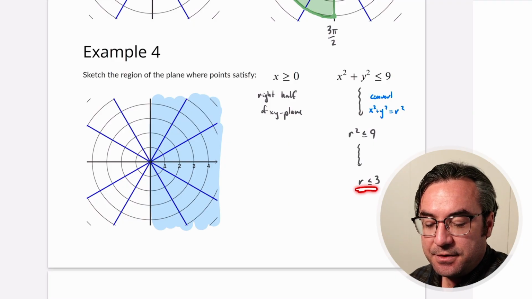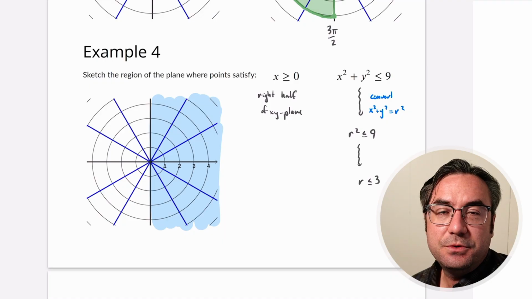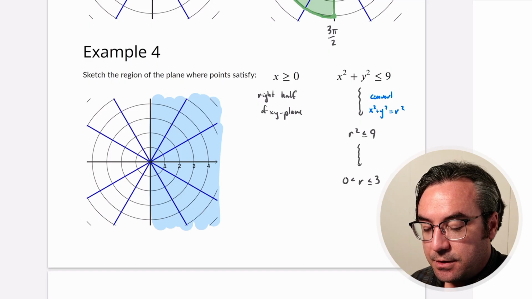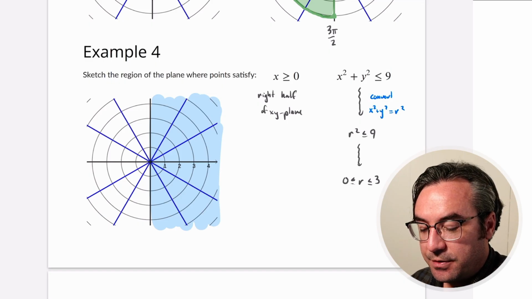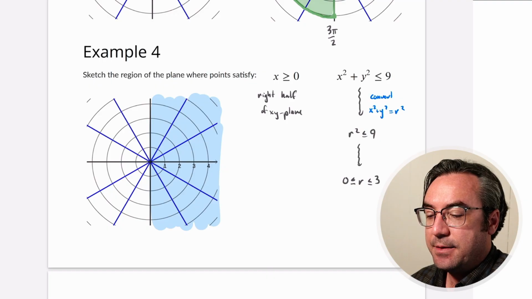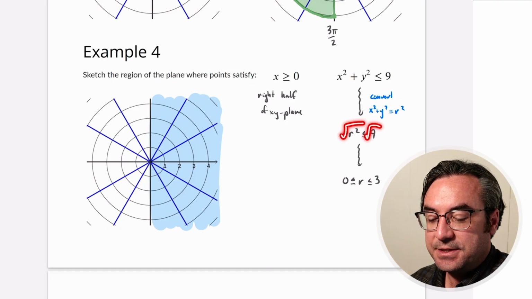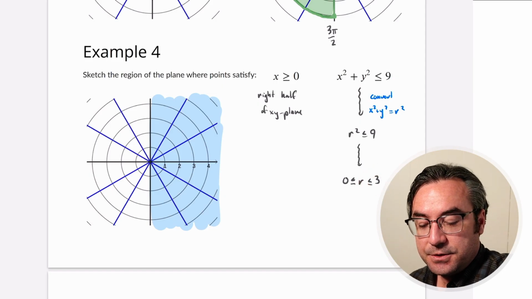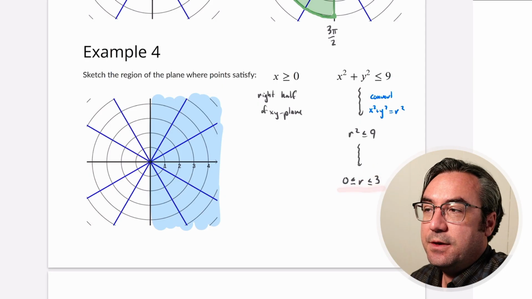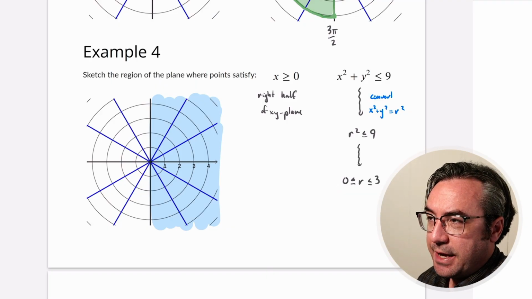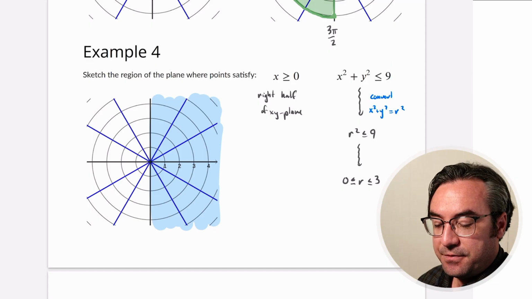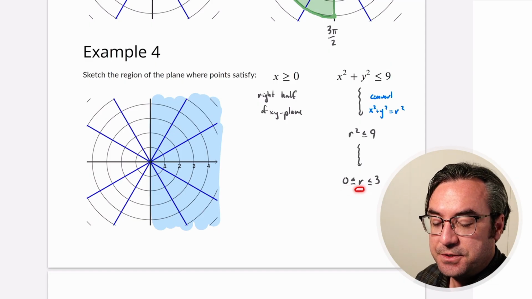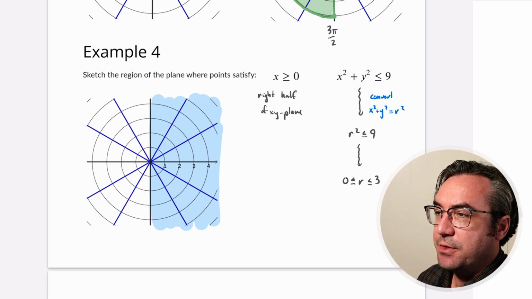So it's enough to just look at positive r values. So we're going to make r greater than or equal to 0, and r has to be less than or equal to 3. So essentially, we're looking at all the points in our plane where the r value is somewhere between 0 and 3.